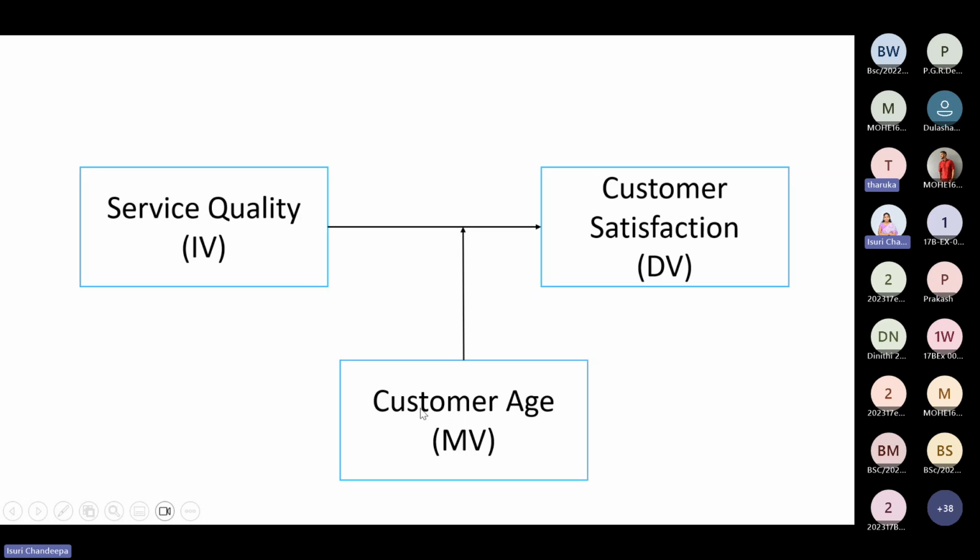Third scenario, the customers who are above 45 are not satisfied with the service quality and their satisfaction level. They are really dissatisfied. What was our conclusion?